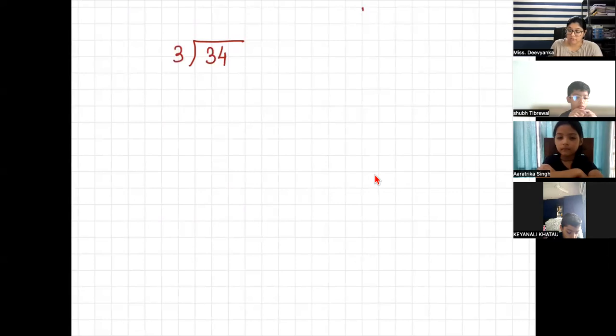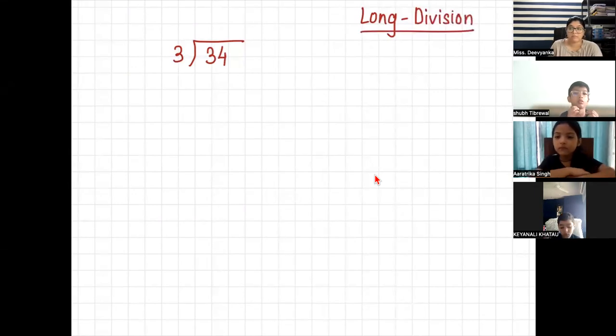This is your long division. What is it called? Long division. Long division means there are multiple steps to solve this division. That's why it's called long division. Now, in division specifically, you are always going from the left number to the right number. In addition, subtraction, and multiplication, we go from the right to the left.